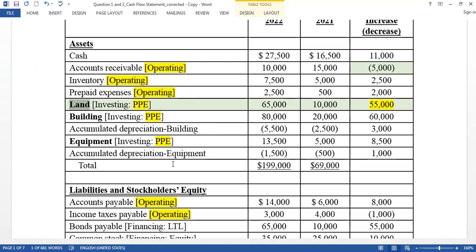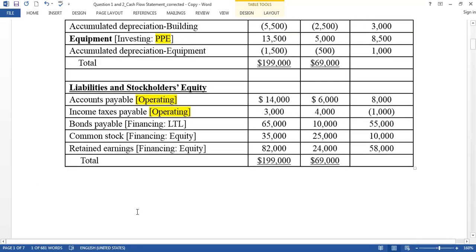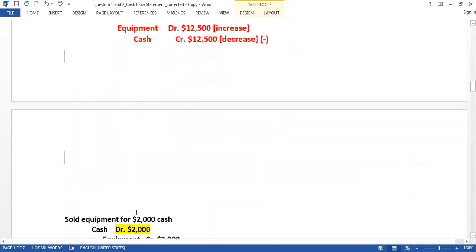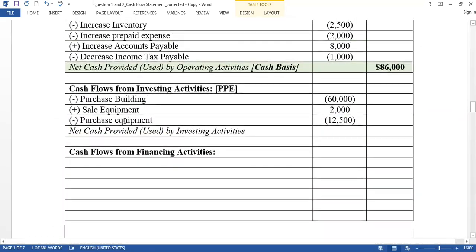What should you do? You should read the question carefully. You should find out how many property, plant and equipment related with cash increase and how many related with cash decrease. We read the question and we find building, we find equipment. Okay, we have another equipment. But we did not put here land because land is not related with cash.